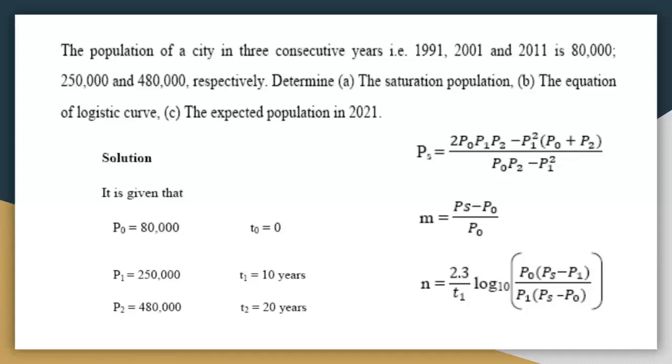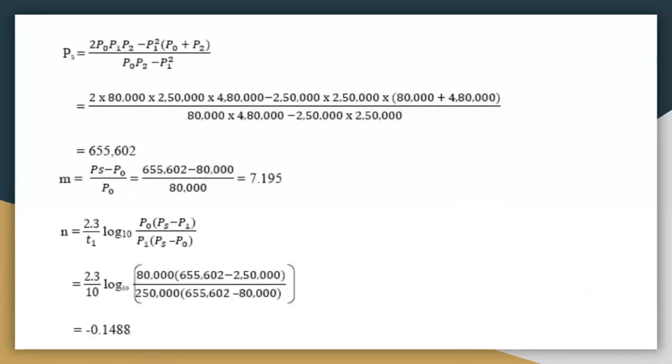The three equations that we have to remember, that is Ps, m and n. Then we have to write another equation also, the fourth equation, that is the equation for P. That is we have to calculate P2021. All given data are shown in the slide. And first of all, we have to calculate the saturation population.